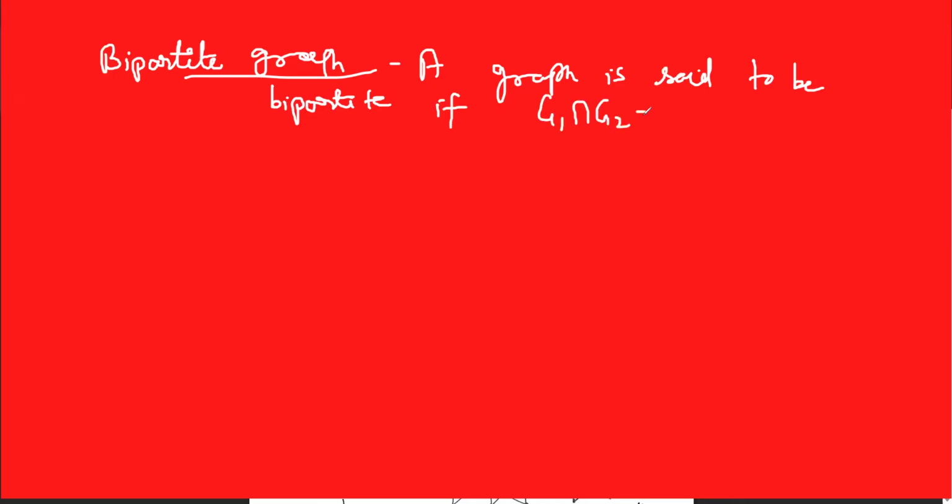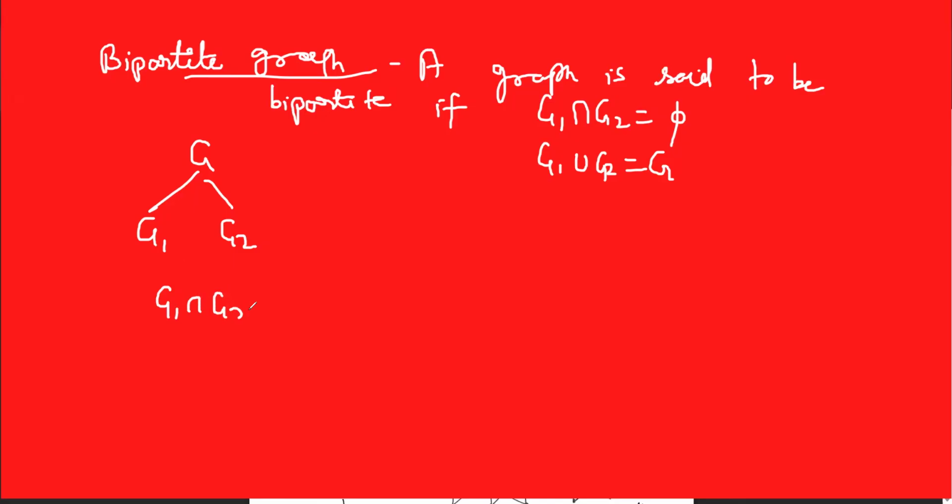A graph is said to be bipartite if G1 intersection G2 is null and G1 union G2 is G. Suppose a graph is divided into two parts such that their intersection is nothing and their union is the same thing, G.